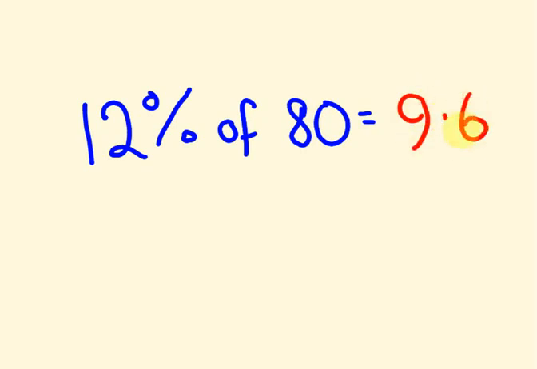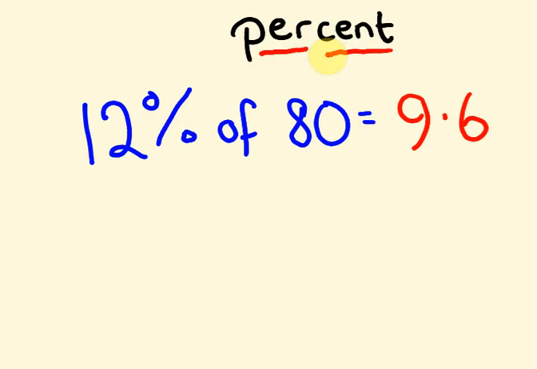If not, I'm going to show you a really great little method of working these out, okay, in your head. I'll show you how this works, and it works around the idea first off of what percent is. Now percent, I think it's really important that we get an idea of this. Percent means quite literally out of, per, like divided by, and cent means 100, like 100 cents in a dollar or 100 years in a century.